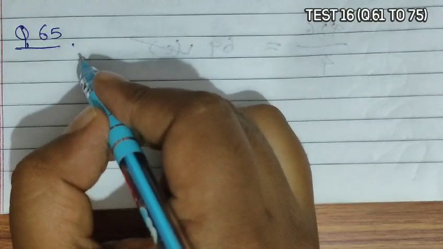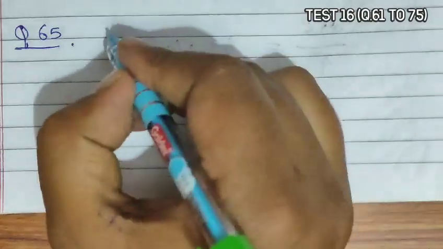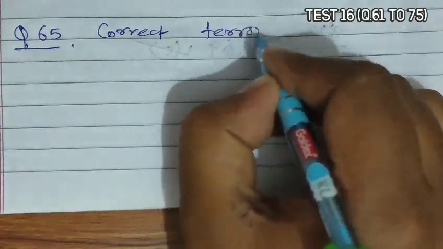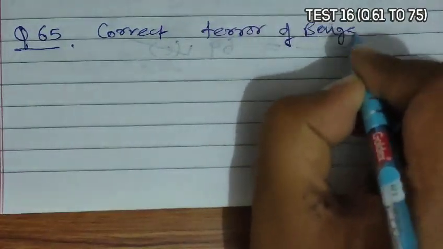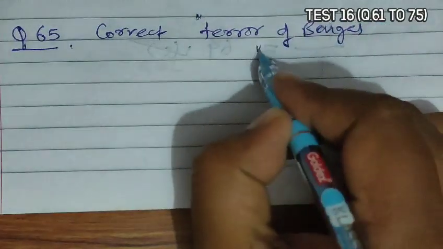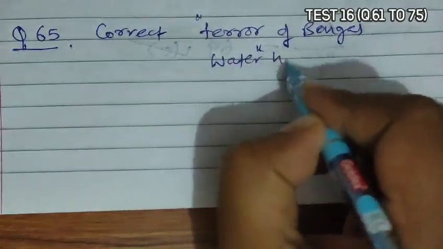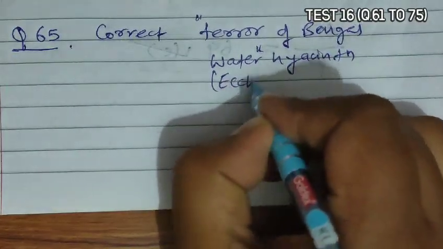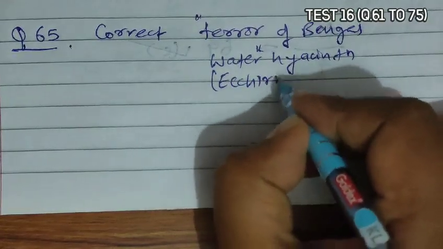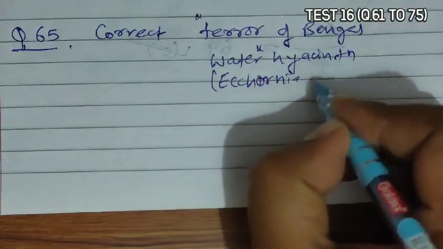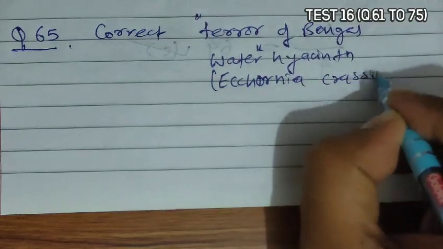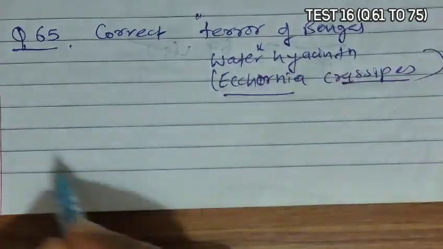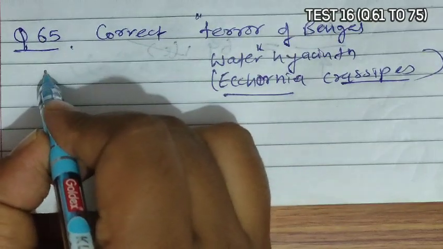Next is question 65. Question 65 asks which of the following is correct about the terror of Bengal? Now terror of Bengal is a name given to the water hyacinth plant, also known as Eichhornia crassipes.